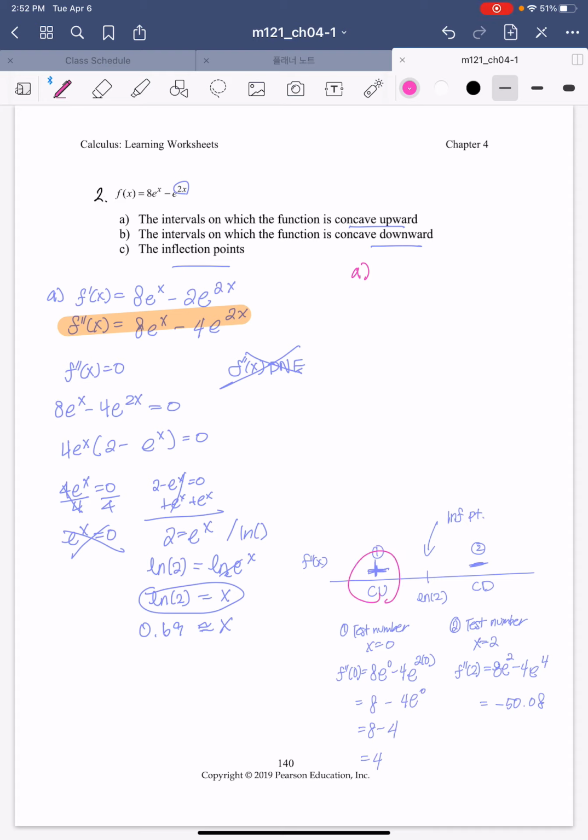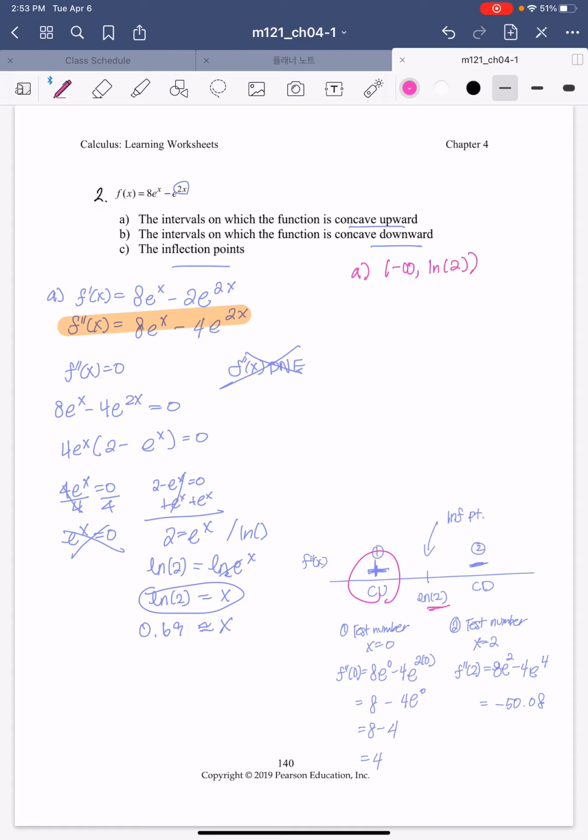So that means negative infinity all the way up to ln 2, not included.